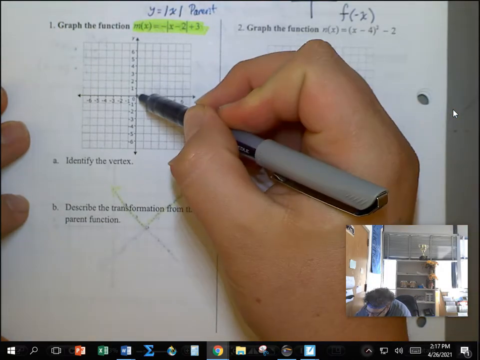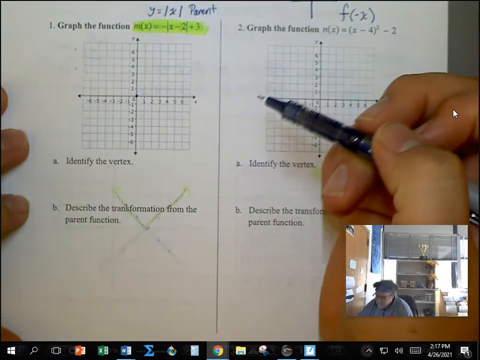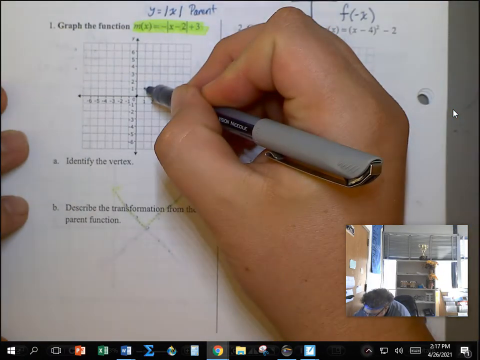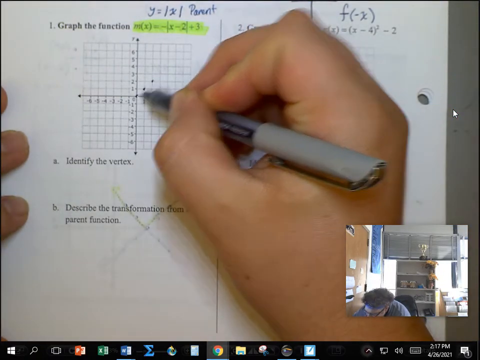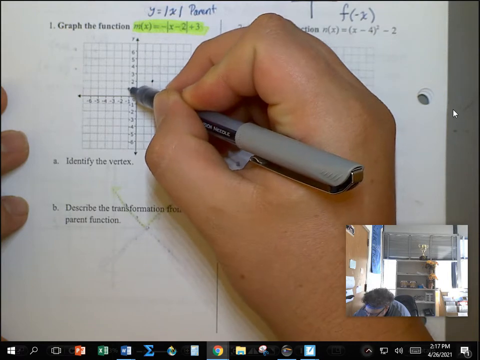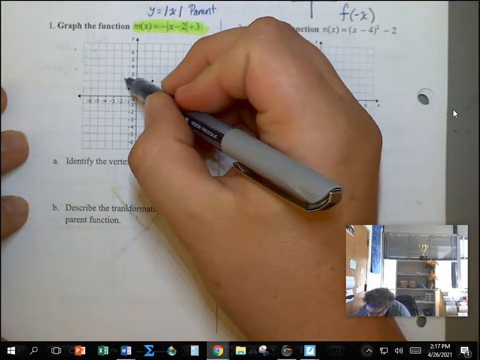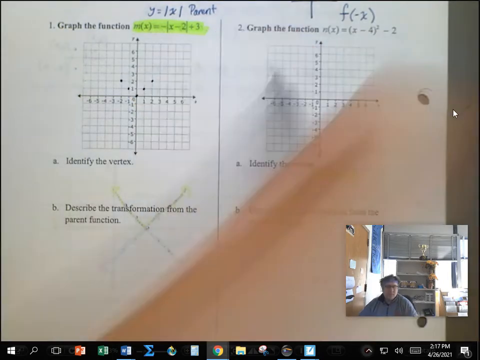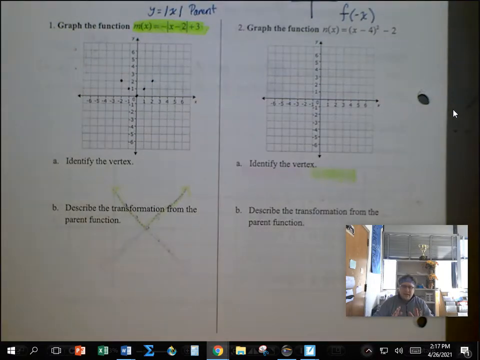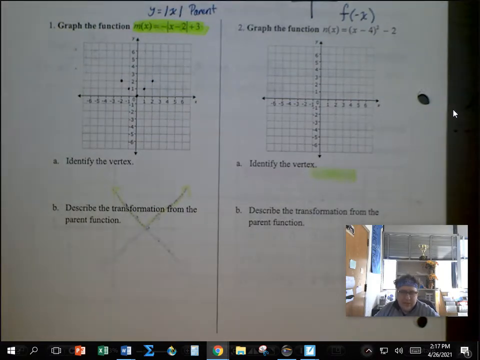So I'm just going to ever so slightly draw a couple little dots where an absolute value curve would be. So we've got (1, 1), (2, 2), (0, 0), (-1, 1), and (-2, 2). So that is a set of 5 points that would describe the parent function for an absolute value.